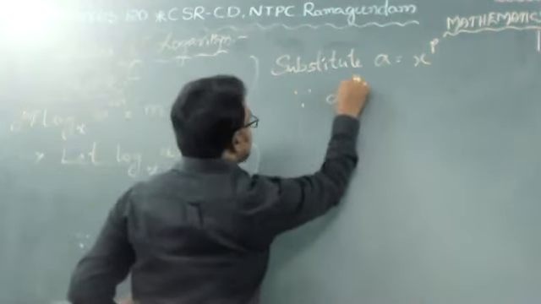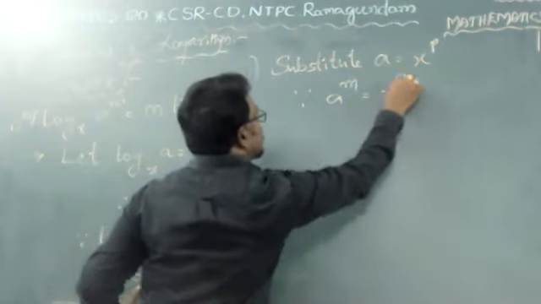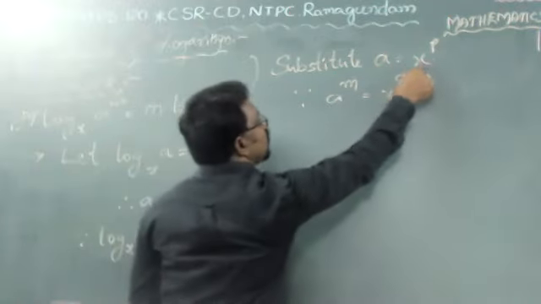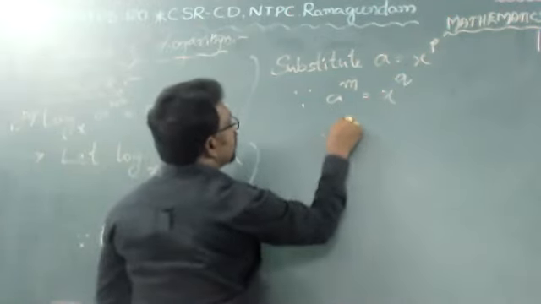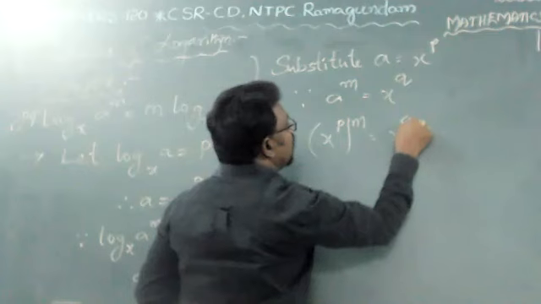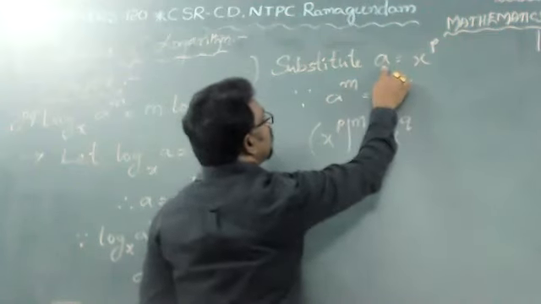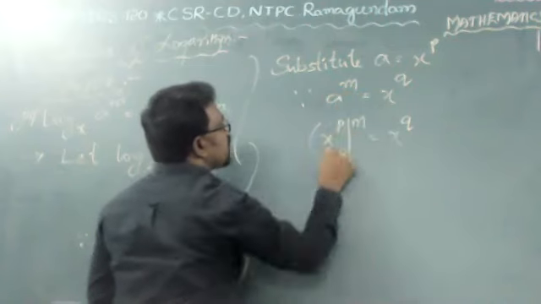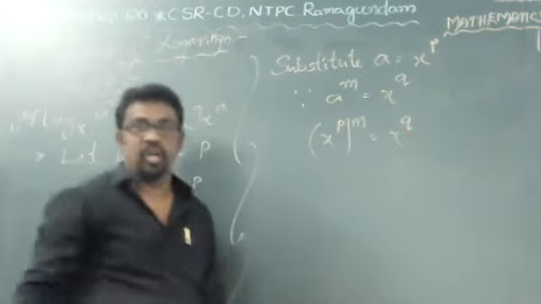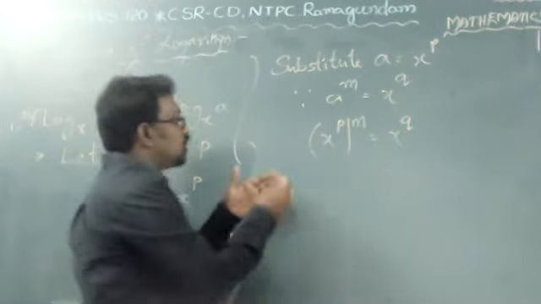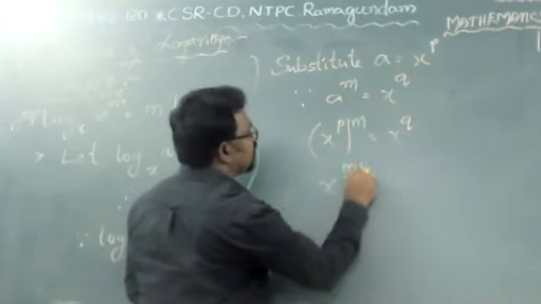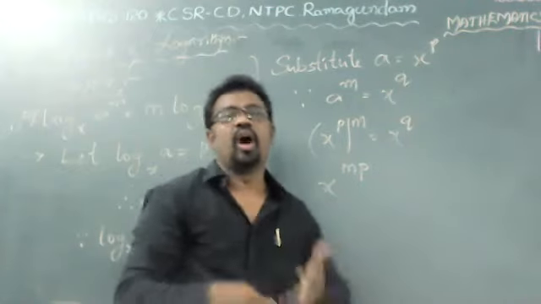Since A power m is equal to x power Q, now substitute A is equal to this value, that is x power P whole power m is equal to x power Q. Expand this, delete the braces, you will get x power pm or mp, your wish. You can write p into m or m into p.